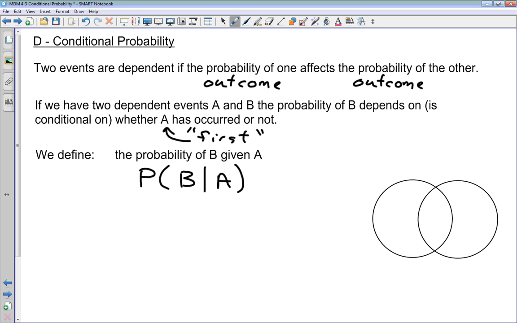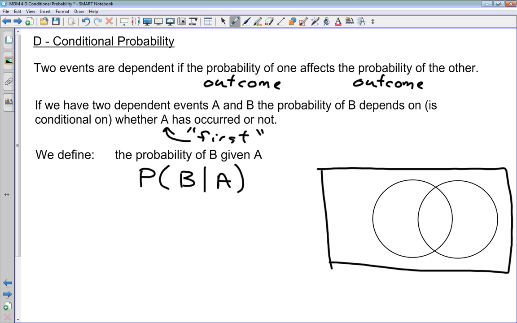And I think the easiest way to think about the formula for conditional probability, or the probability of B given A, is to imagine A and B in a Venn diagram. So I'm going to add my rectangle here around the outside, which represents my universal set. I'm going to have one of these circles represent A, and the other one represent B. If A is our first event, and A has already occurred, in our Venn diagram, we are somewhere inside this circle representing A. Once A occurs, we know that we are somewhere in there.